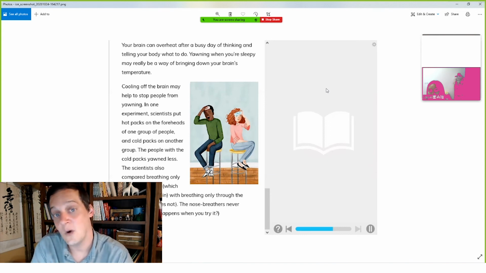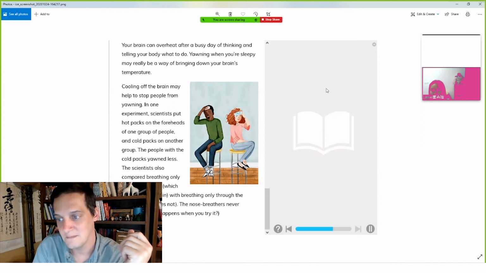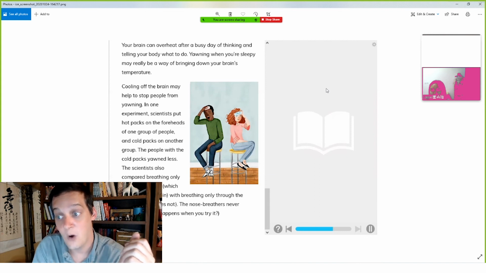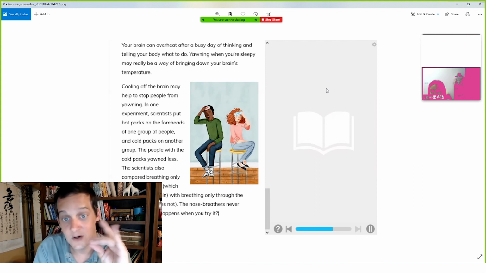This is also why if you're one of those people that like to talk a lot, you may feel that you have to yawn all the time. So talkers generally yawn a lot. Why? Because when you're talking, you're breathing through your mouth. You can't talk blah blah blah and breathe through your nose at the same time.